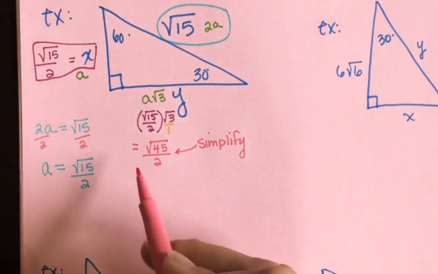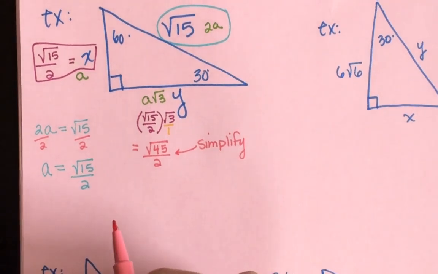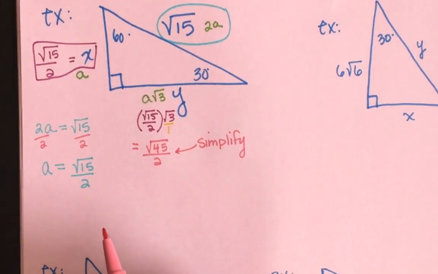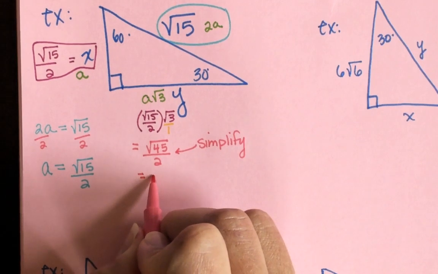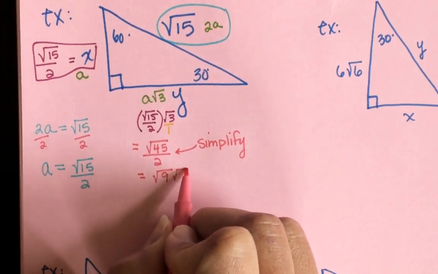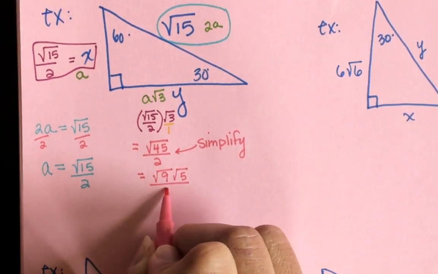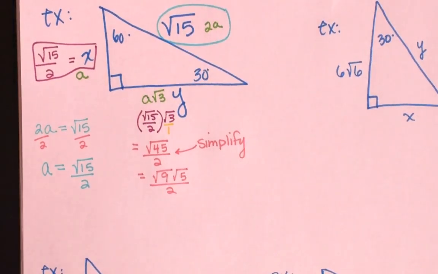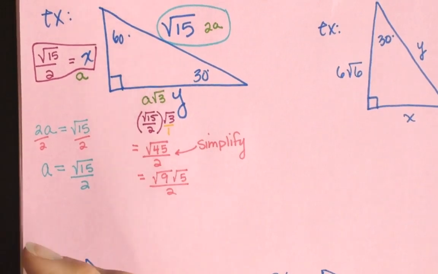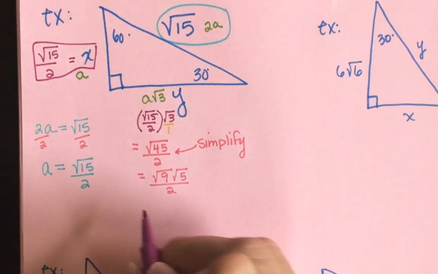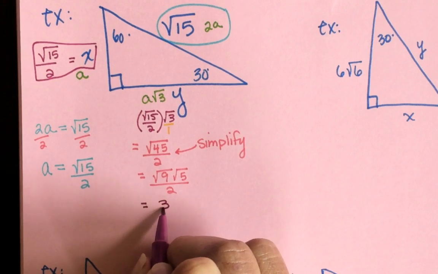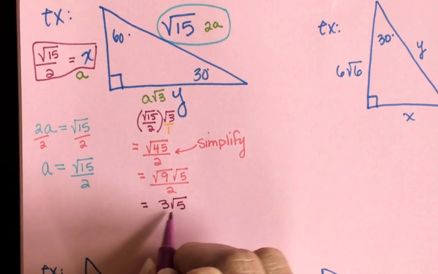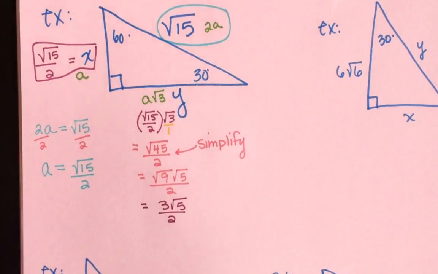I'm hoping that we can see in the numerator that the square root of 45 is 9 times 5, and then everything's still over 2. That hasn't changed. So when we write our final answer for this side, it ends up being 3 radical 5 over 2.